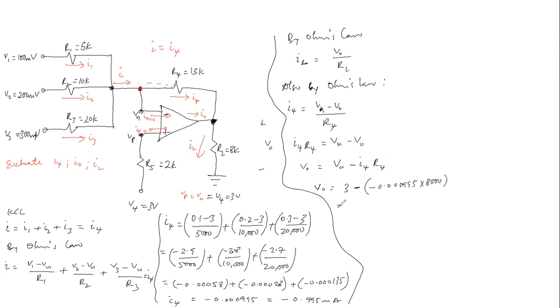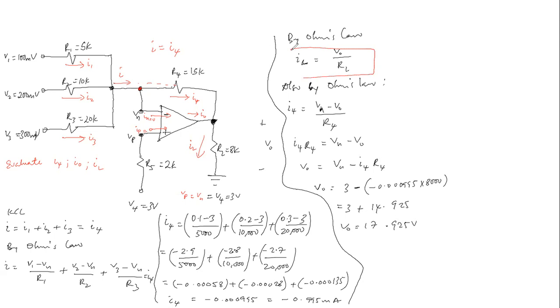So this is going to give us 3 plus 14.925, and V naught will be the same as 17.925 volts.